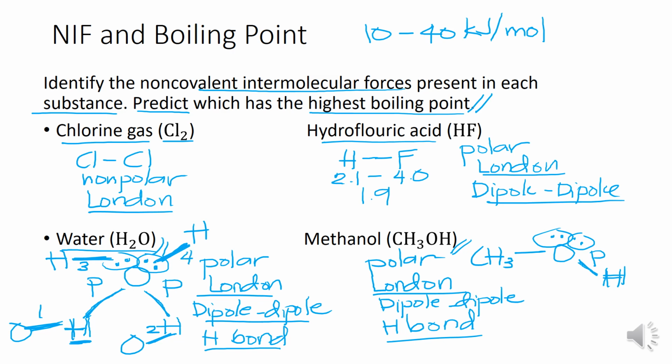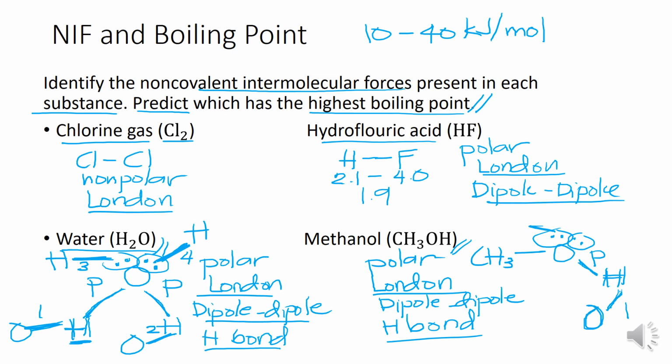Now let's consider methanol. This hydrogen atom, which is bonded to an oxygen atom, can bond with a lone electron pair in the oxygen of another molecule. So that's one hydrogen bond.